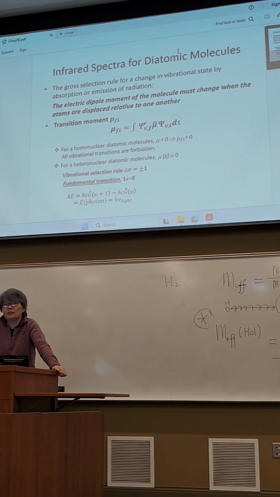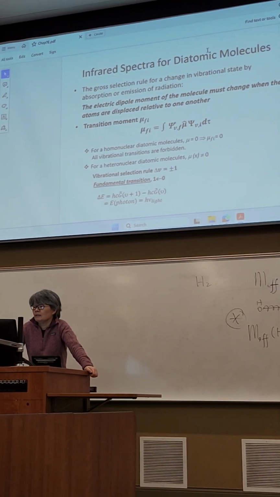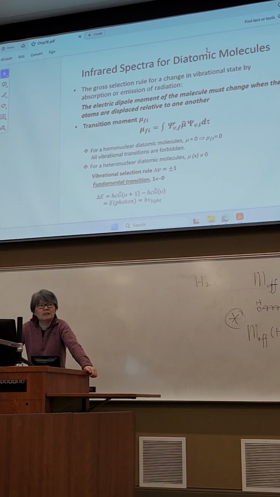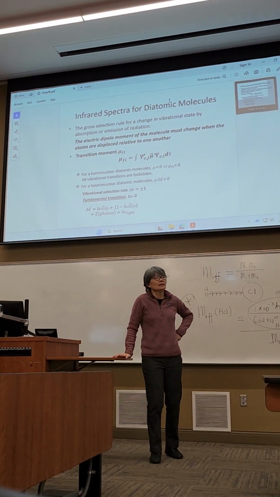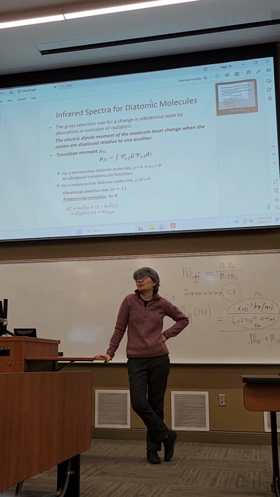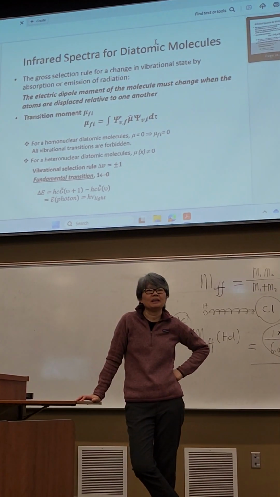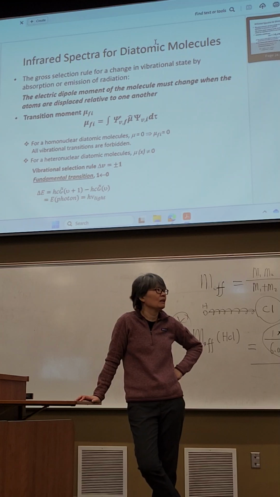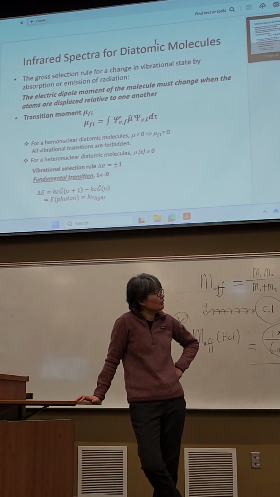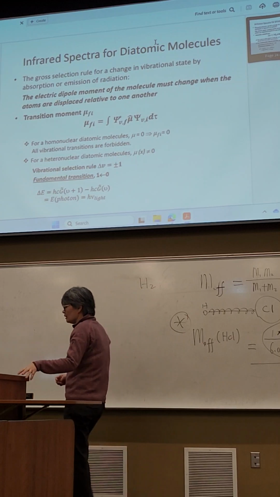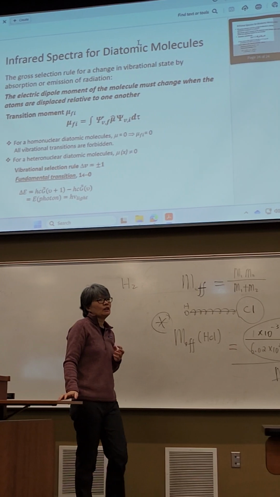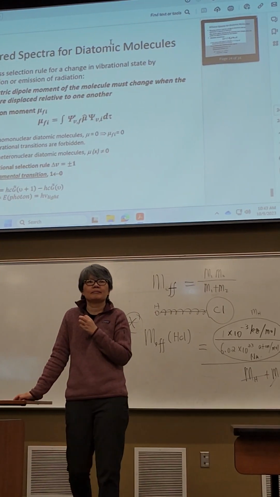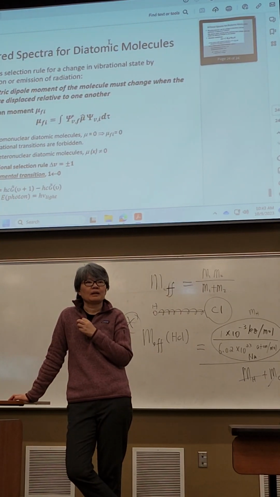For homonuclear molecules, the transition moment will be 0, so all the vibrational transitions are forbidden. What that means is that you're not going to be able to see it. It's infrared inactive. But for heteronuclear diatomic molecules, you will be able to see it, but only for delta V equal to plus or minus 1.